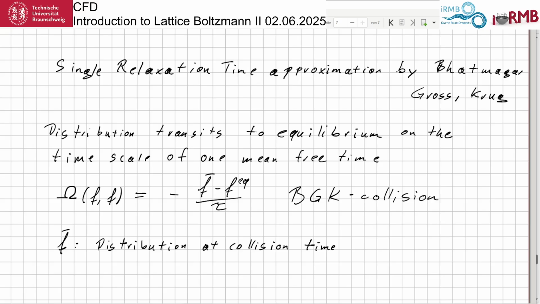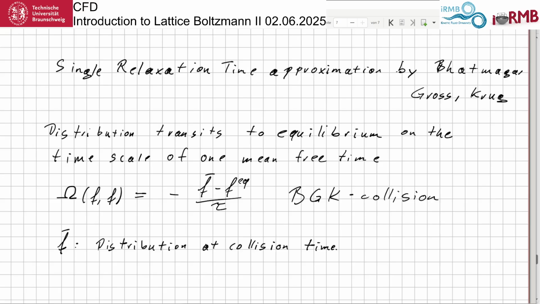Fun fact is we don't have this in the lattice Boltzmann methods. We have the distribution before the collision and after the collision, but we don't have it during collision.